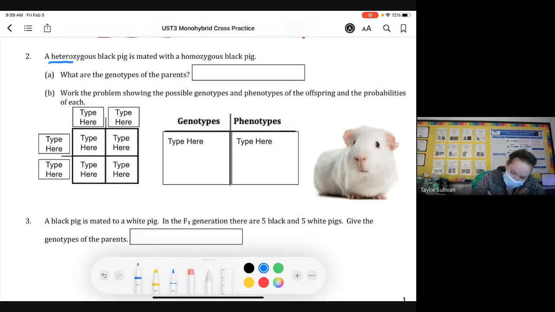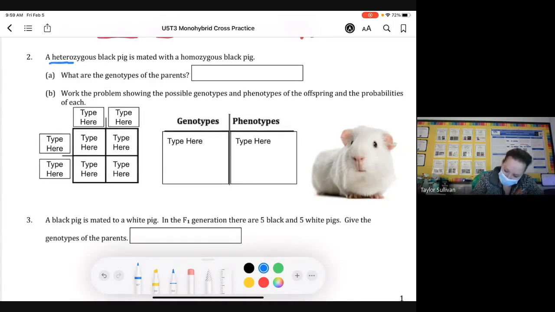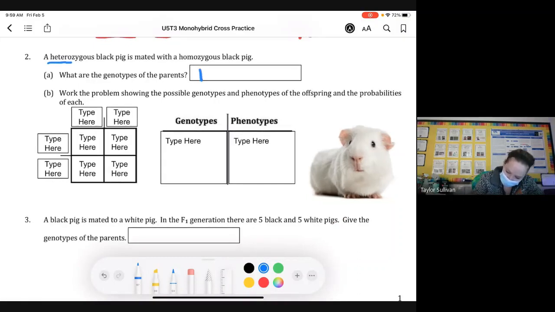Yeah, it's different. So heterozygous means it's going to have one big allele and one little allele. So that parent would be big B, little b. Because he has a big B, it's still going to be a black guinea pig, because black is dominant over white.